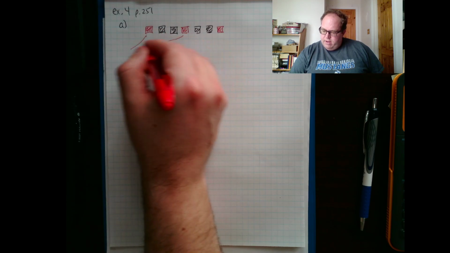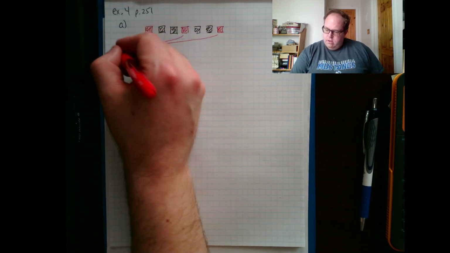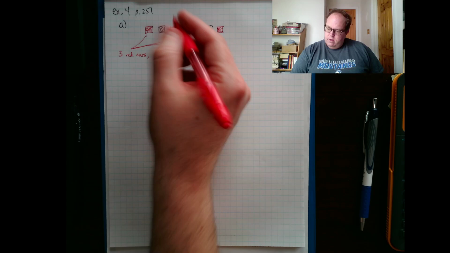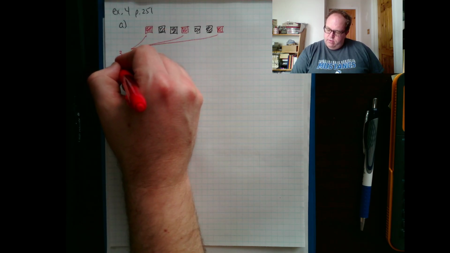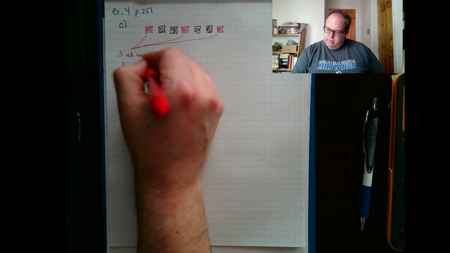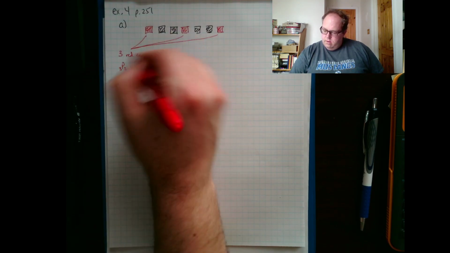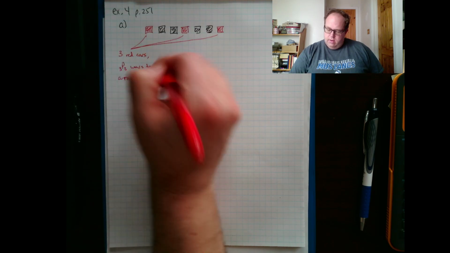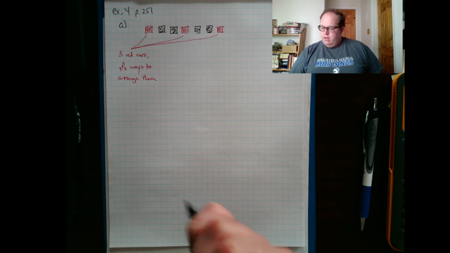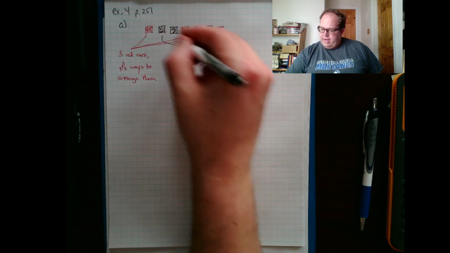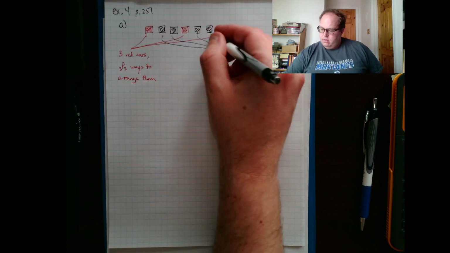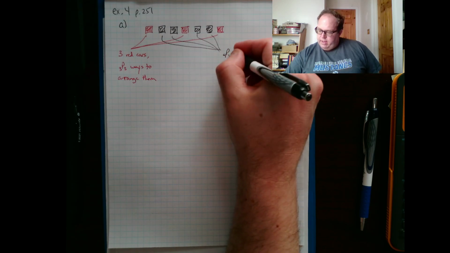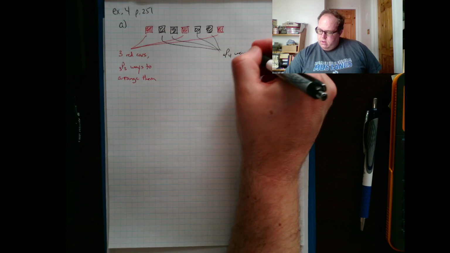So that means if I hone in on the 3 red cars, there are 3p3 ways to arrange them. If I hone in on the 4 black cars, there are 4p4 ways to arrange them.